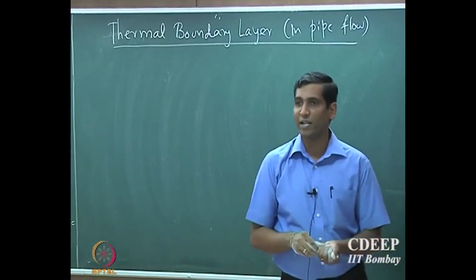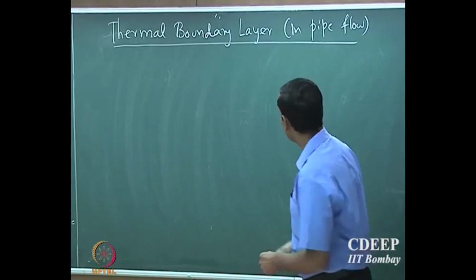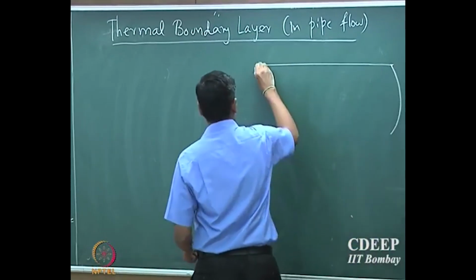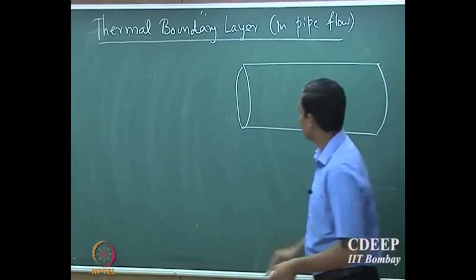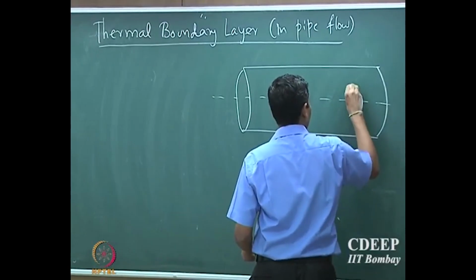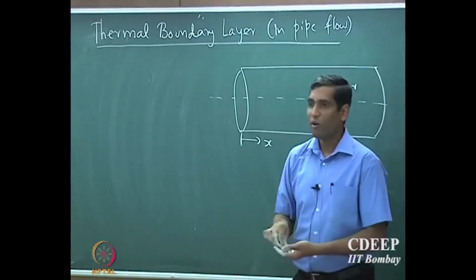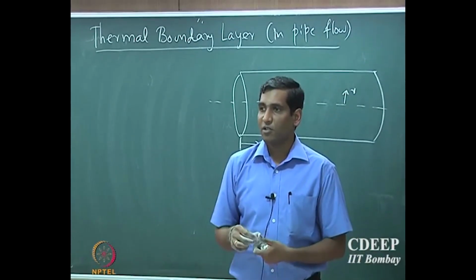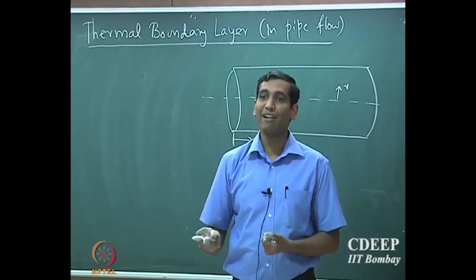So how do we characterize thermal boundary layer when there is a fluid which is flowing through a pipe? Okay. So I have a pipe here, and this is r, and this is x. Okay. So now when it comes to heat transport problem, there are two specific cases that one can think of, right?